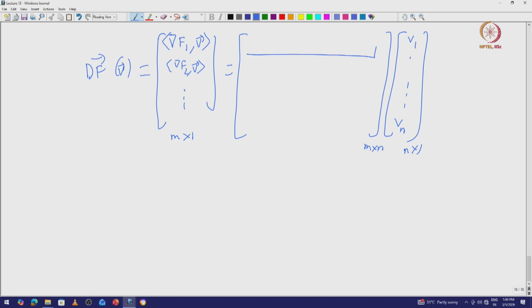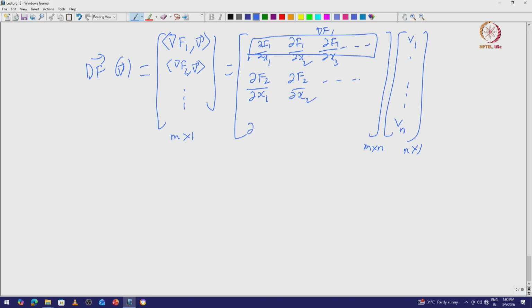The first row of the matrix is basically the gradient of f1. In other words, it's df1 dx1, df1 dx2, df1 dx3, and so on. The second row of this matrix is df2 dx1, df2 dx2, and so on.